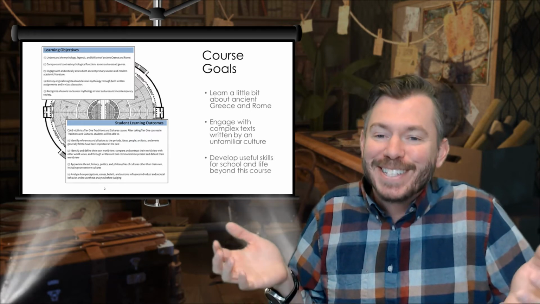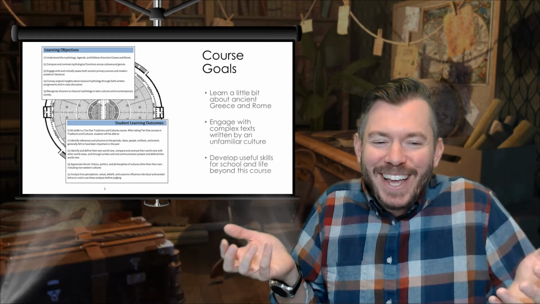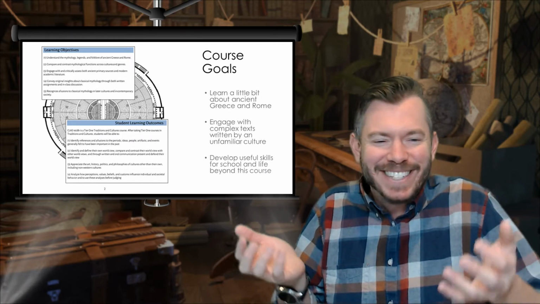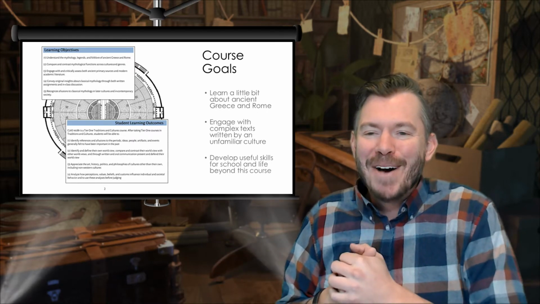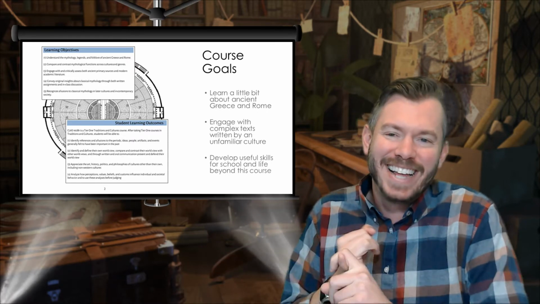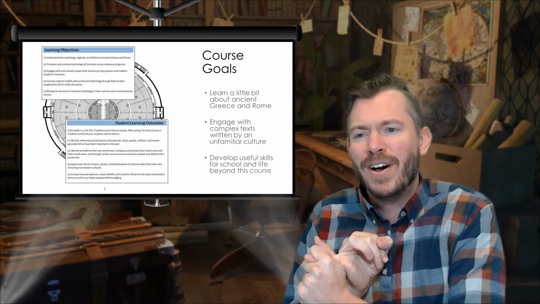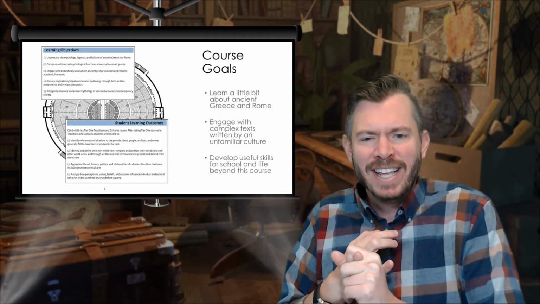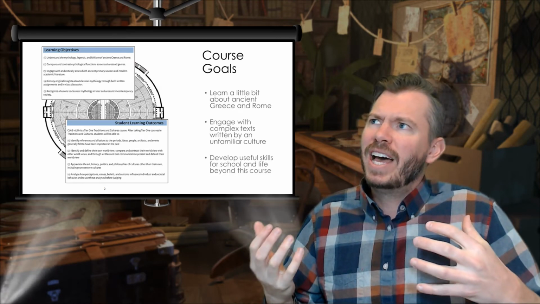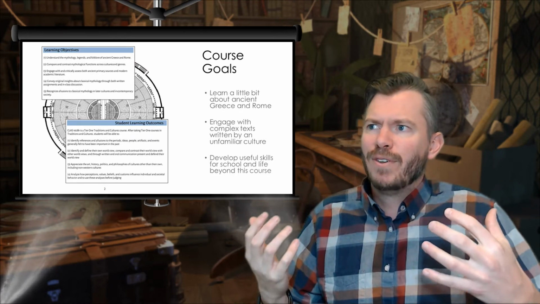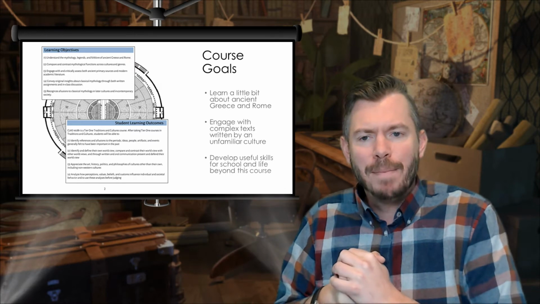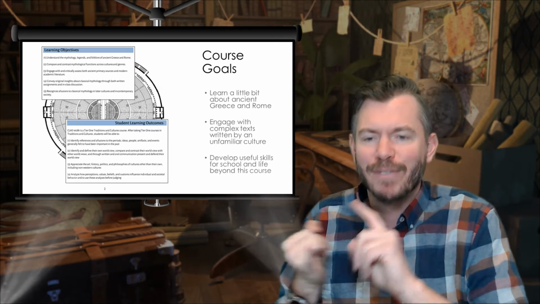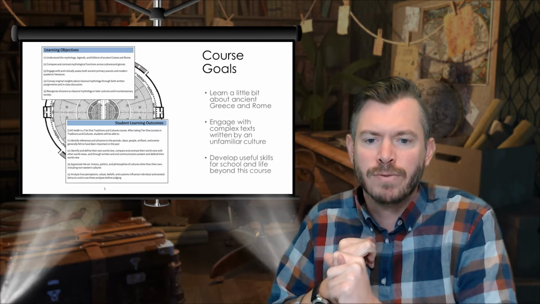You're going to learn skills in this class, but hopefully you just learn a little bit about it. It's super cool stuff. I'm going to try to make this as interesting as possible. But it's cool both in the sense that they really left a mark on the way that society operates today, and in the sense that it gives us a really good sense for how a totally different culture operates. And then the stories are just very interesting too. So that's part of it. Learn a little bit about ancient Greece and Rome.